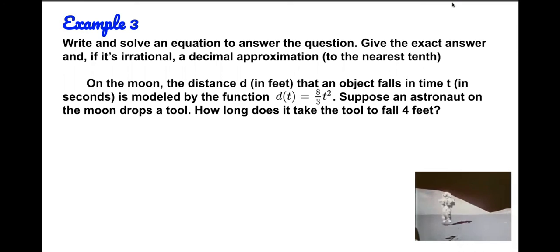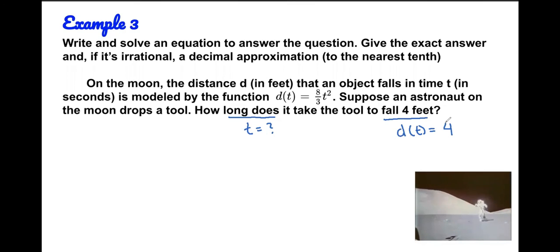Let's see. I have my tools here. Okay, so we're interested in knowing how long that tool takes to fall 4 feet. So we're interested in the time, and we're told that our distance, our d of t, in total is 4 feet. So how do we do this?